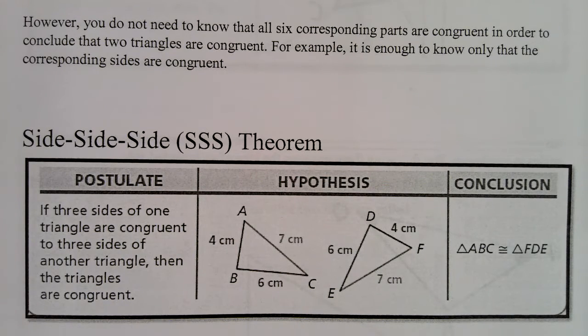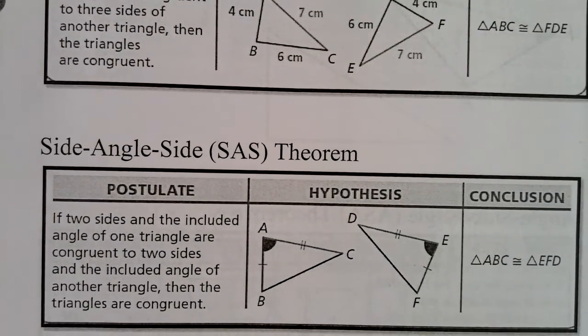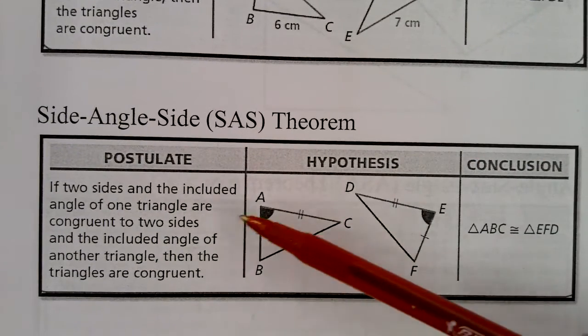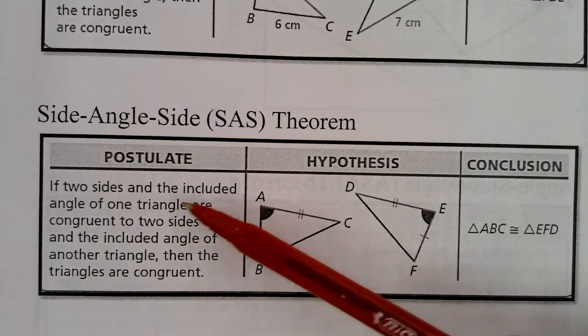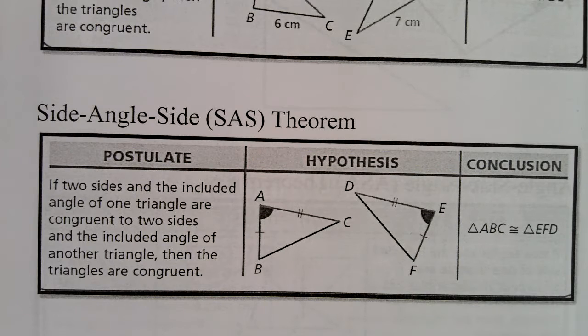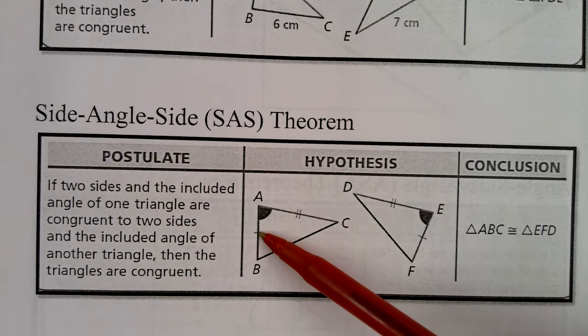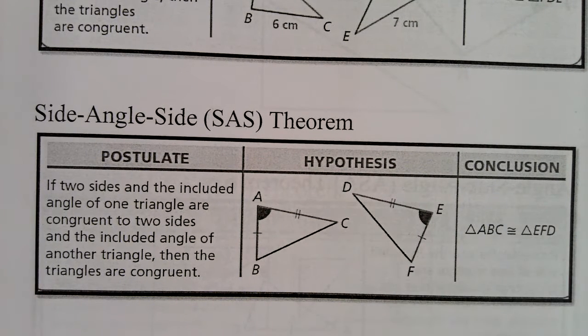Now let's look at the second shortcut. The second shortcut is called side angle side, SAS. If 2 sides and the included angle of one triangle, so I'm going to talk about that on the next page, but the included angle is the angle in between 2 sides. So for example, if I'm talking about side AB and side AC, and I say, what is the included angle? That means what angle is in between those 2 sides?